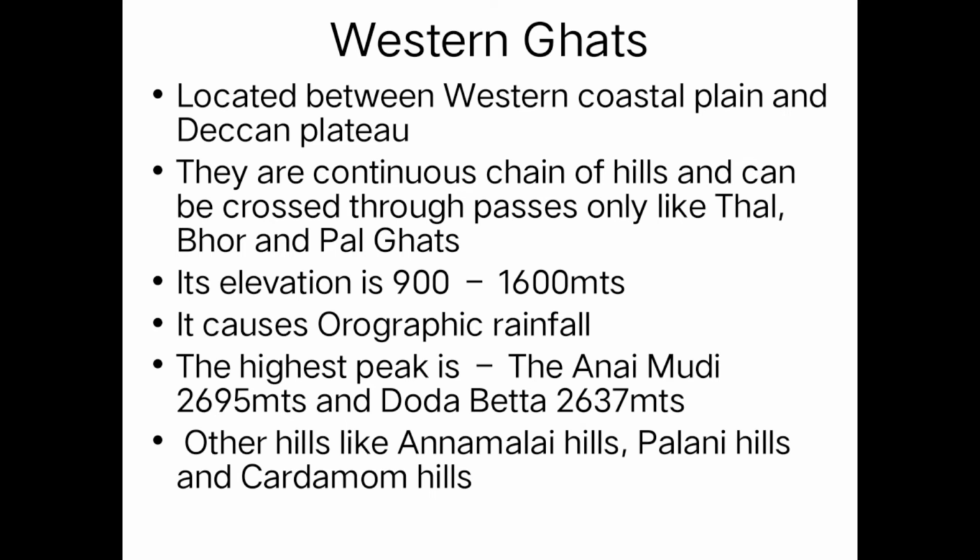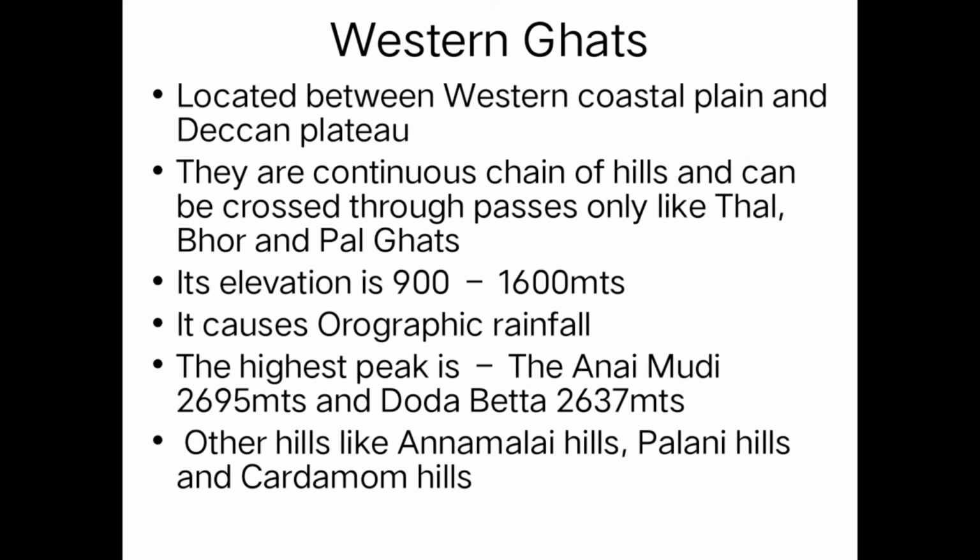The Western Ghats, located between the Western Coastal Plain and the Deccan Plateau, are a continuous chain of hills and can be crossed only through passes like Thal Ghat, Bor Ghat, and Pal Ghat. Its elevation is 900 to 1600 meters. It causes orographic rainfall.